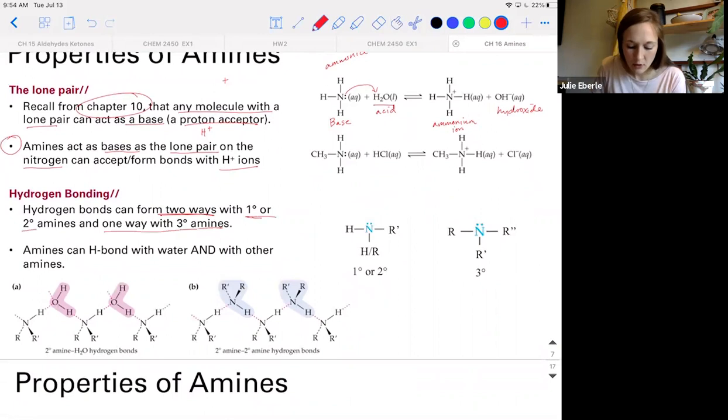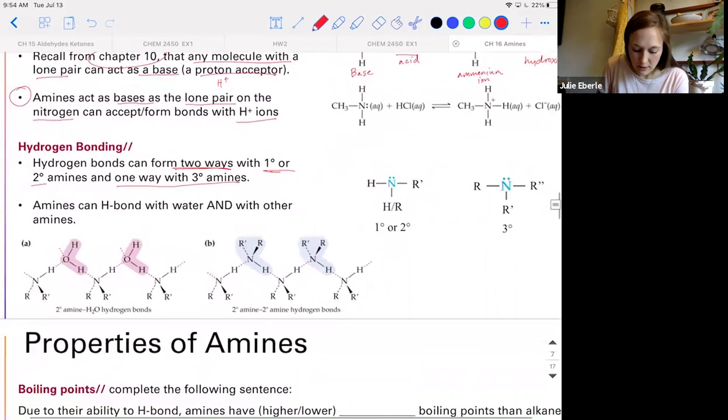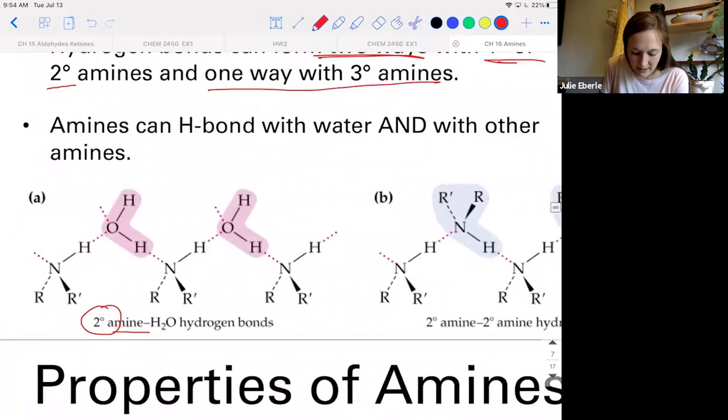So look down here. We've got a secondary amine, and it's got hydrogen bonds with water. So look right here. Why is it secondary? Here's the nitrogen, and it's got one bond to carbon and another bond to carbon. Don't worry about the dotted lines and the wedges. The dotted line just means it's pointing back out of the plane of the paper behind us, and the wedge means that carbon group is pointing towards us.